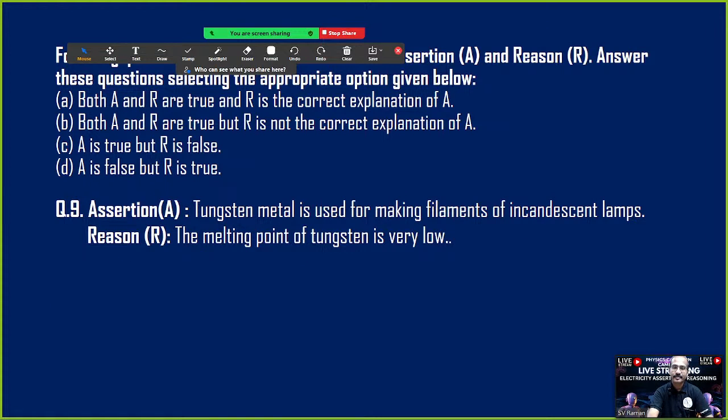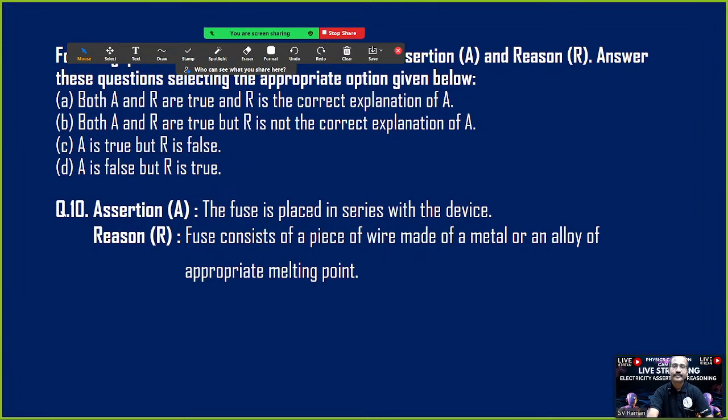Next. Yes, which is repeated again. Now, a fuse is placed in series with a device. A fuse consists of a piece of wire made of a metal or an alloy of appropriate melting point.